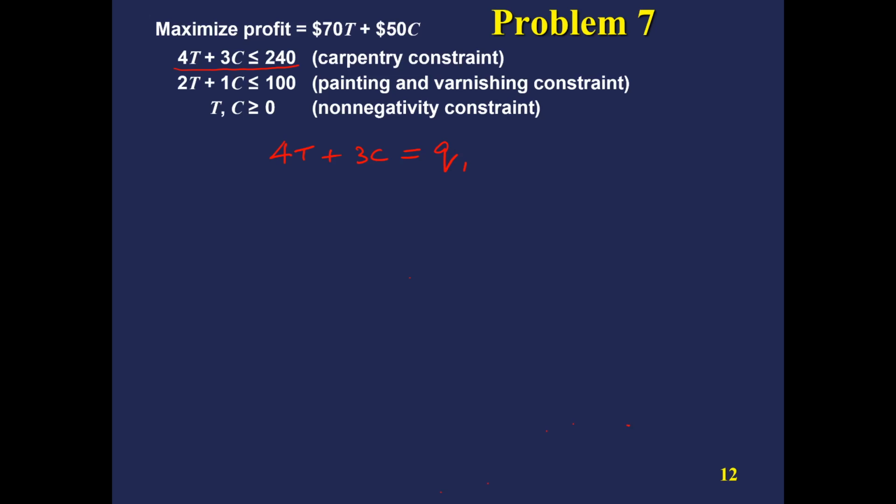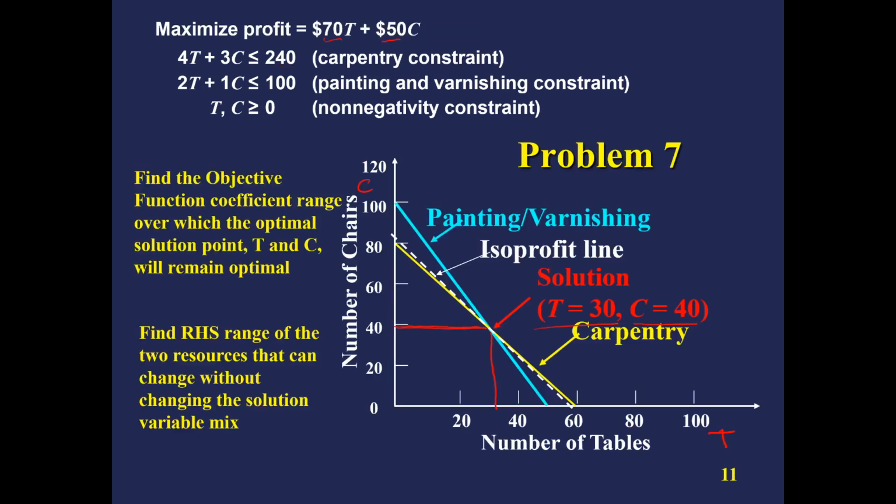We go back to the graph. Here in the graph, we are looking at the range for the Carpentry constraint.